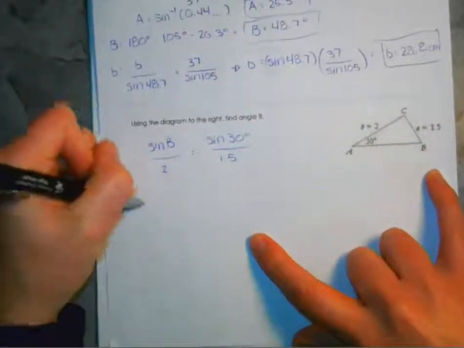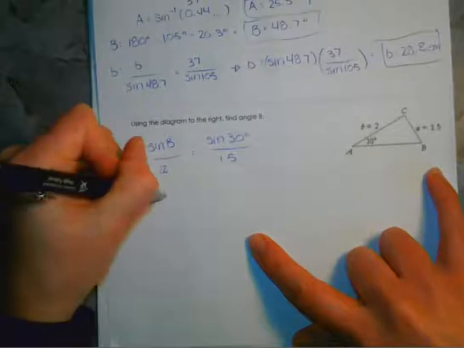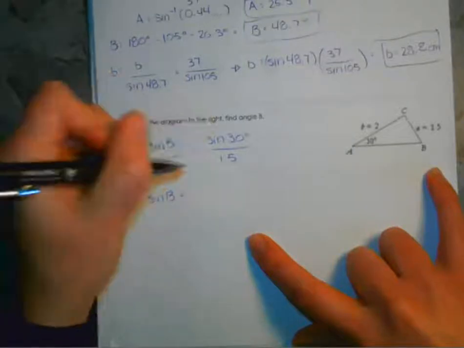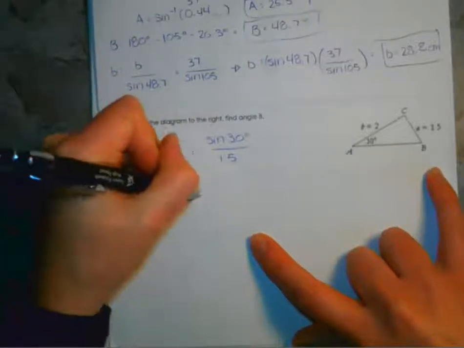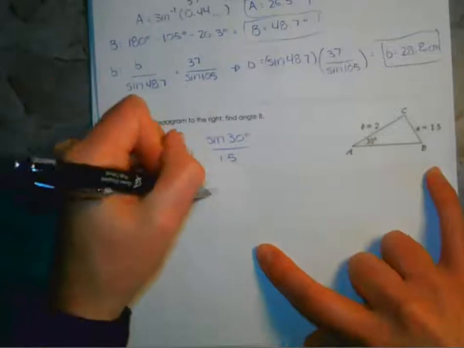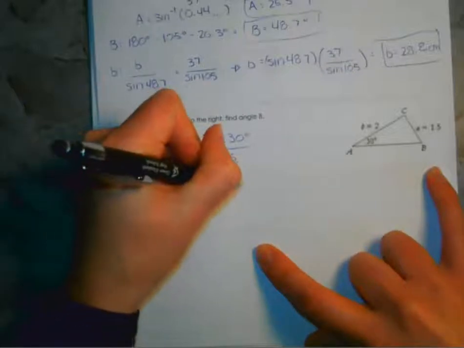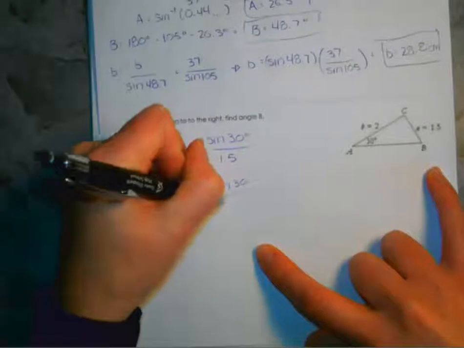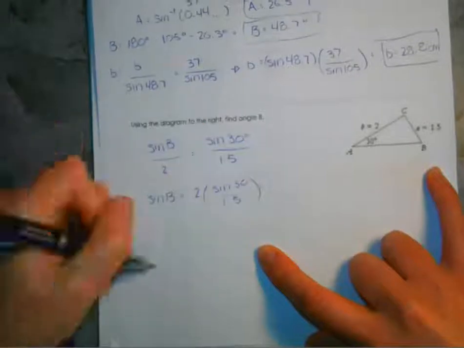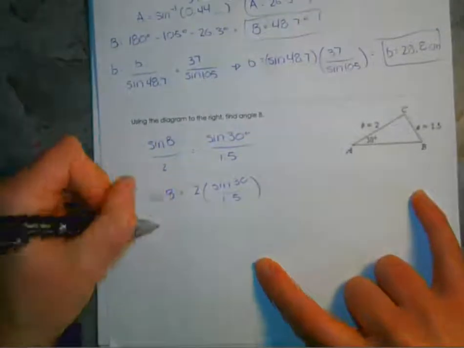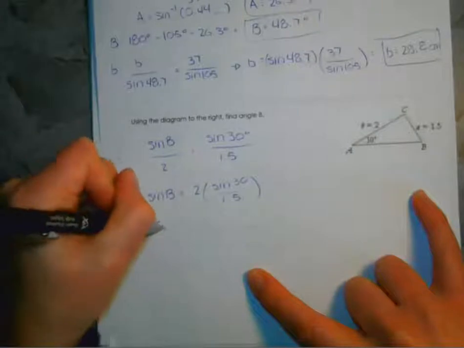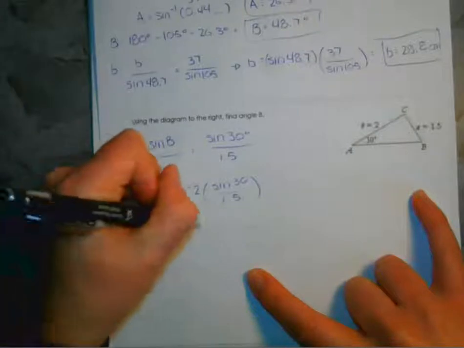Sine B then is going to be 2 times sine 30 over 1.5. And when we do that, we get sine B is equal to 0.6 repeating.